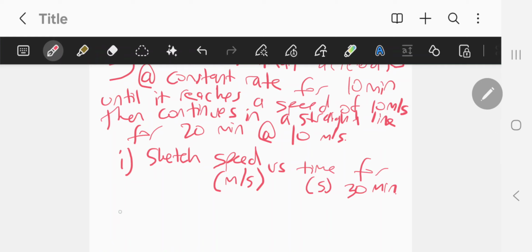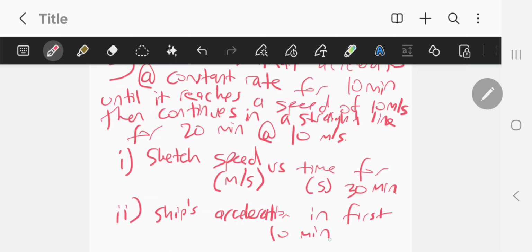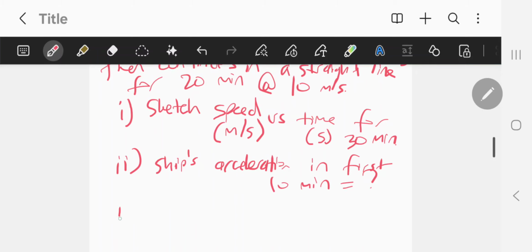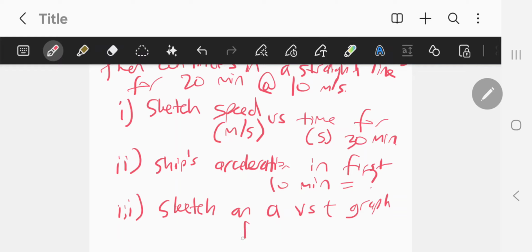Part 2 is to calculate the ship's acceleration in the first 10 minutes. And part 3 is to sketch an acceleration versus time graph for the 30 minutes the ship is traveling.